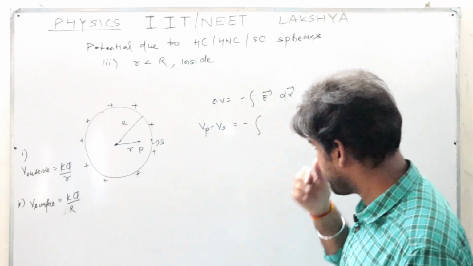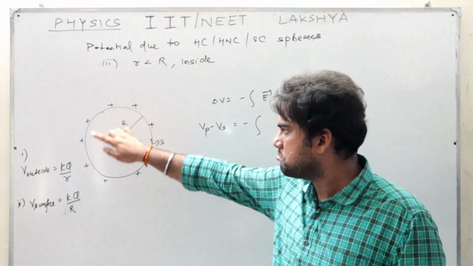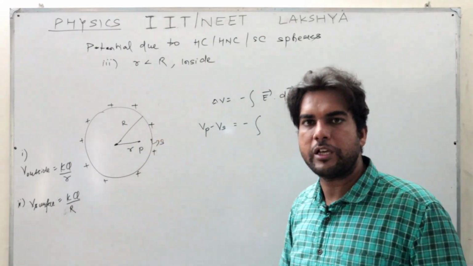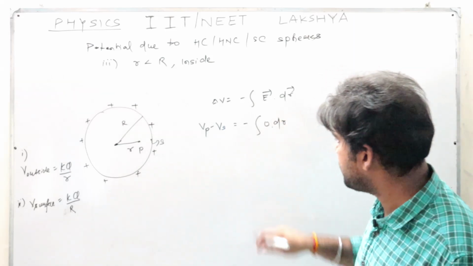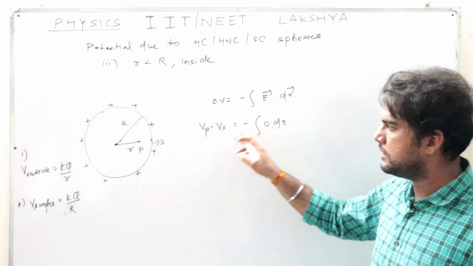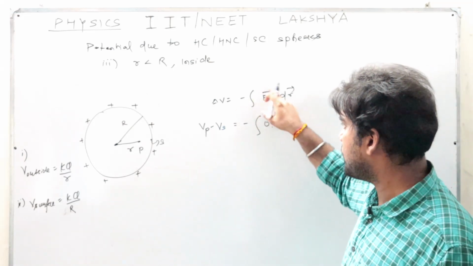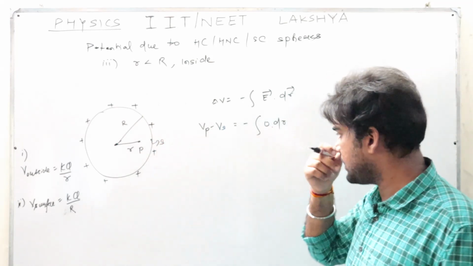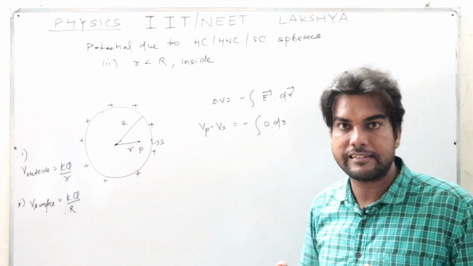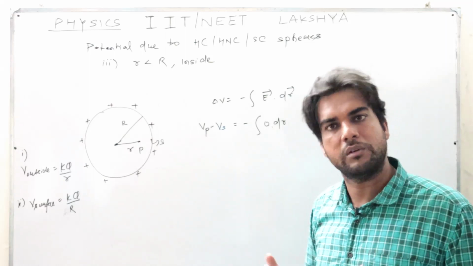Now tell me, what is the electric field at a point just inside the sphere? 0, yes or no? Remember in the previous case we wrote this formula for outside the sphere. Now we are writing inside, so just inside the electric field is 0, because charge does not reside inside the sphere, and if charge does not reside inside the sphere, then electric field becomes 0.